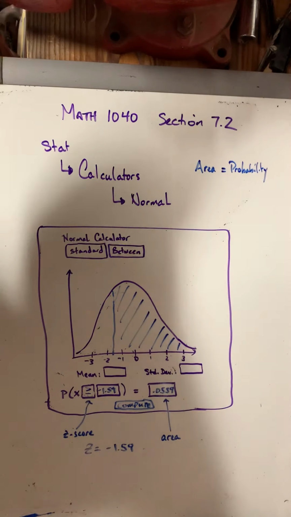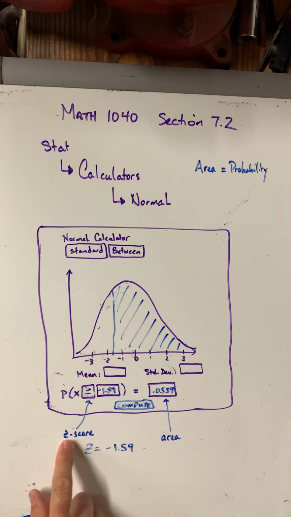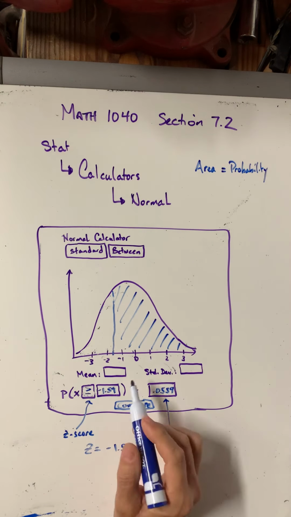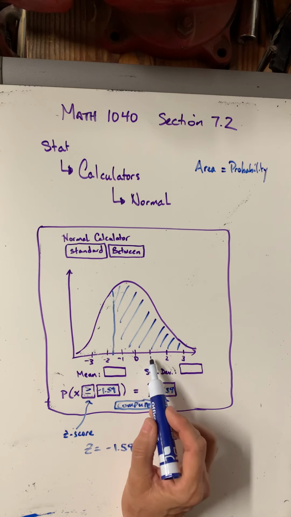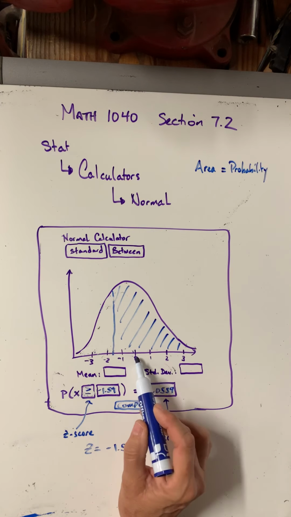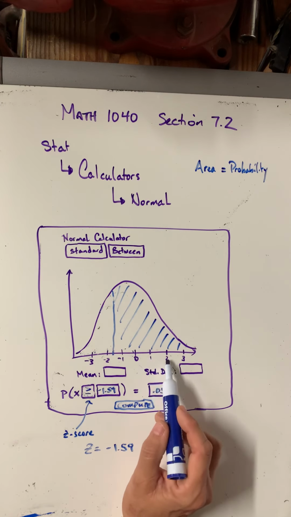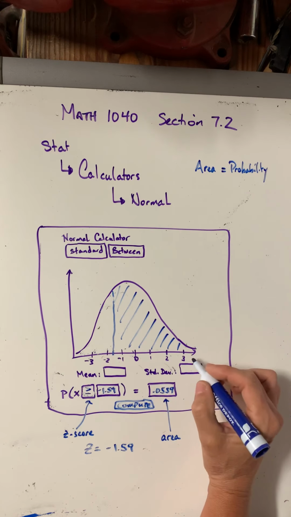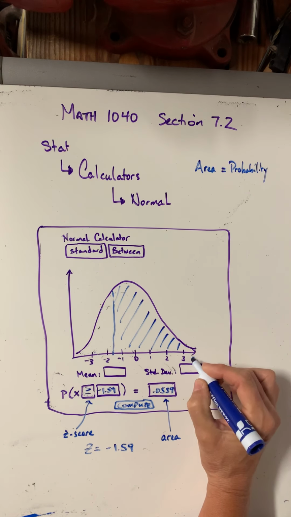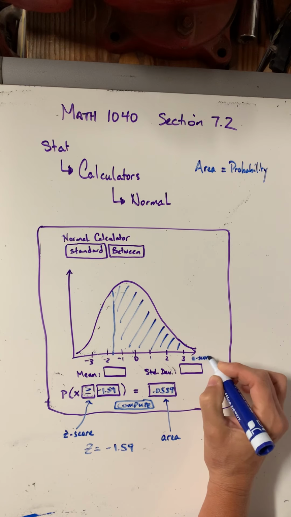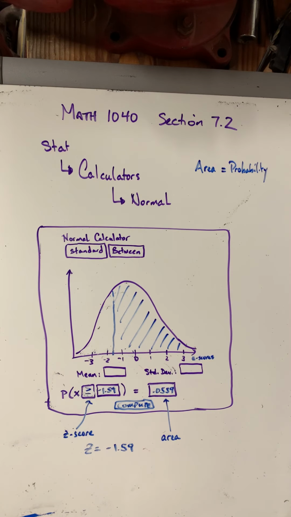Okay, so why are we putting z-scores in there when this is called x? Here's the reason. If I'm using standard deviations as my units, so I'm 0 standard deviations away from the mean, 1, 2, 3, negative 1, 2, 3, these are called z-scores. And remember, in a previous section, we used the formula to convert from x-scores to z-scores and vice versa.